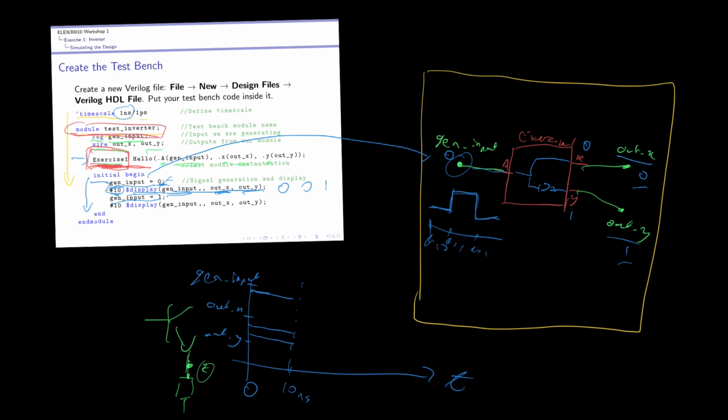At 10 nanoseconds, my input is going to jump from 0 up to a 1. As soon as the input changes to a 1, the output here will change to a 1, and the output here will change to a 0. And so on our timing diagram, this one jumps up and this one falls down here. After waiting 10 nanoseconds for things to settle down, we now have our inputs and outputs 1, 1, 0 being displayed.